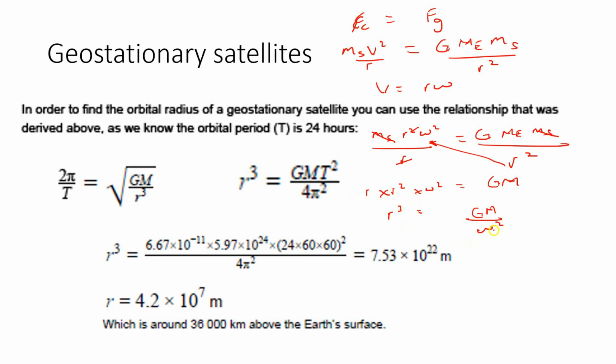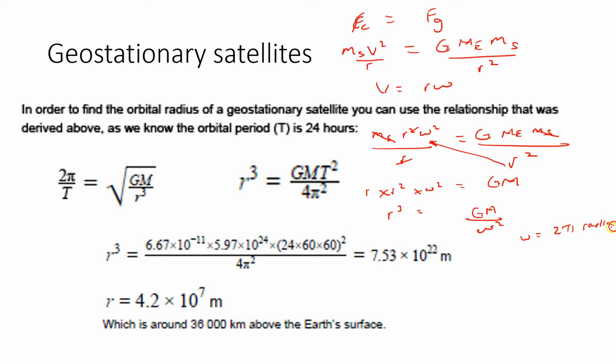Now, if we can recall, omega is the angular velocity. And when you think back about circular motion, angular velocity is the angular displacement divided by time. When we're considering a complete orbit, we would generally say 2 pi radians.